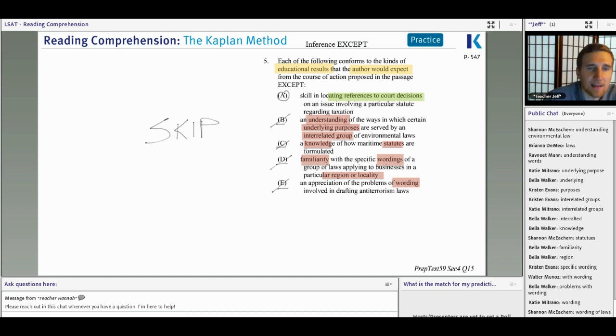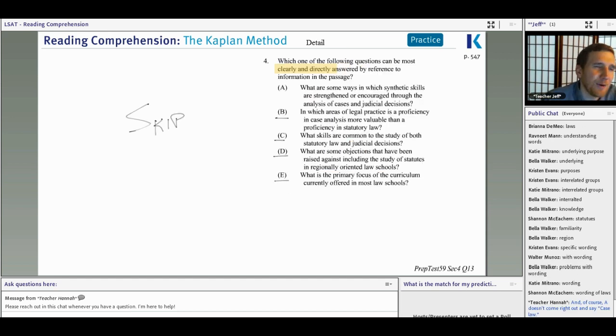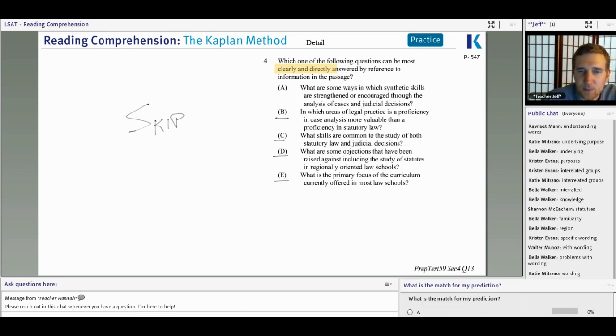All right, last but not least, question 4. I'll be interested to see if you end up liking this one better or not. This is our final question in the passage, and after this, we will, of course, be taking our second break. 45 seconds, everybody.